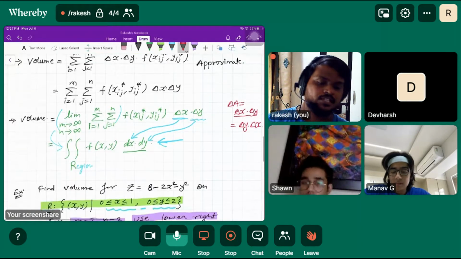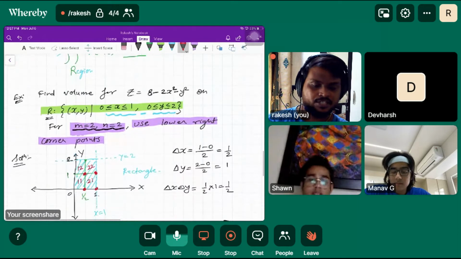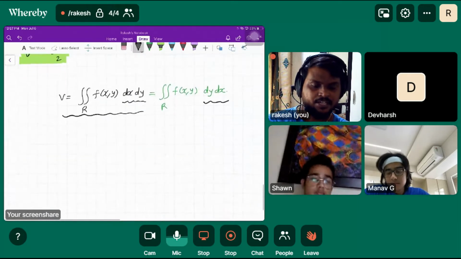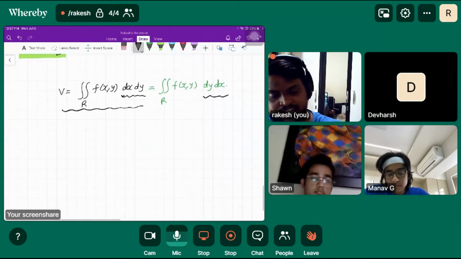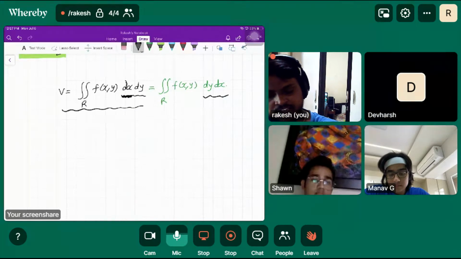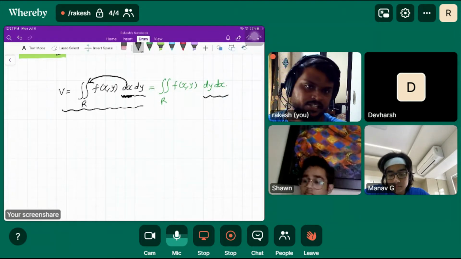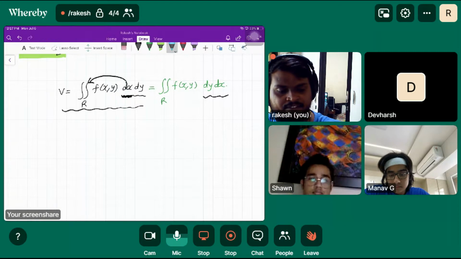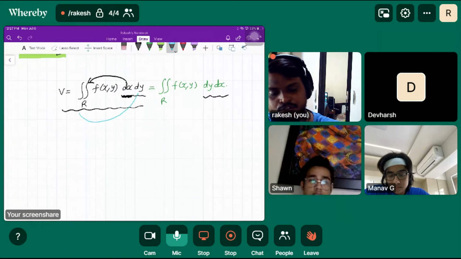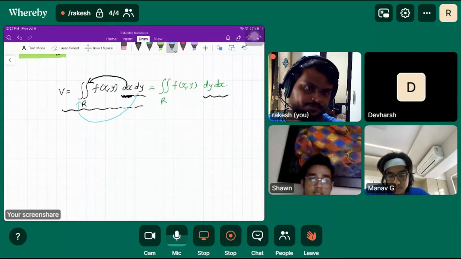Suppose, like Dev has noticed the main idea behind that, if we are writing dx, this corresponds to the inner integral sign, and dy corresponds to the outer integral sign.